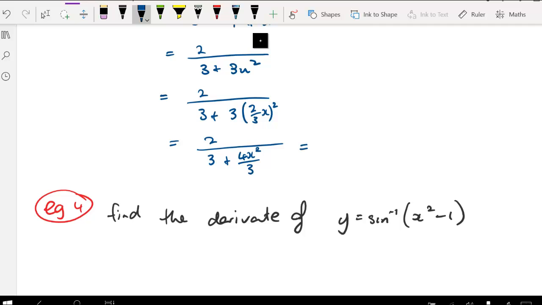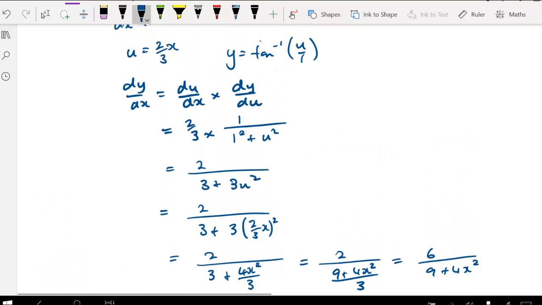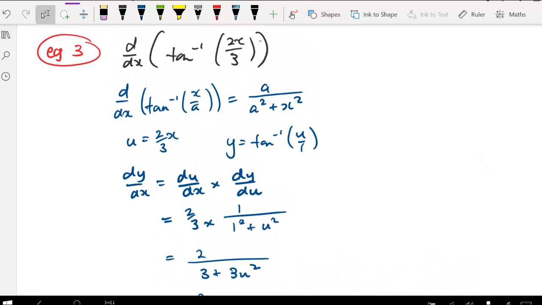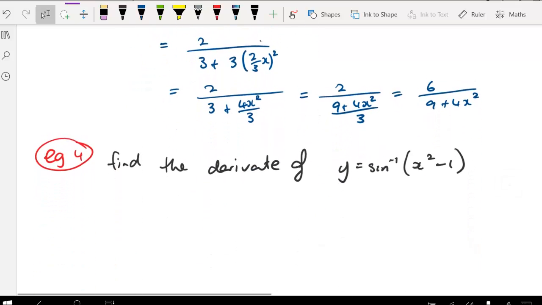If we get a common denominator on the bottom, we've got 2 over 9 plus 4x squared all on 3. And if we're dividing by a fraction, we're multiplying by the reciprocal, so therefore we end up with 6 over 9 plus 4x squared. Alright, so there's our derivative of arctan 2x on 3.